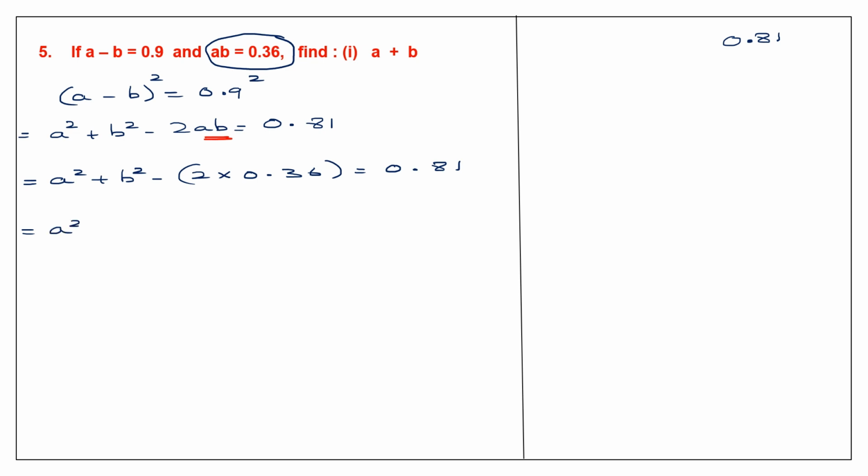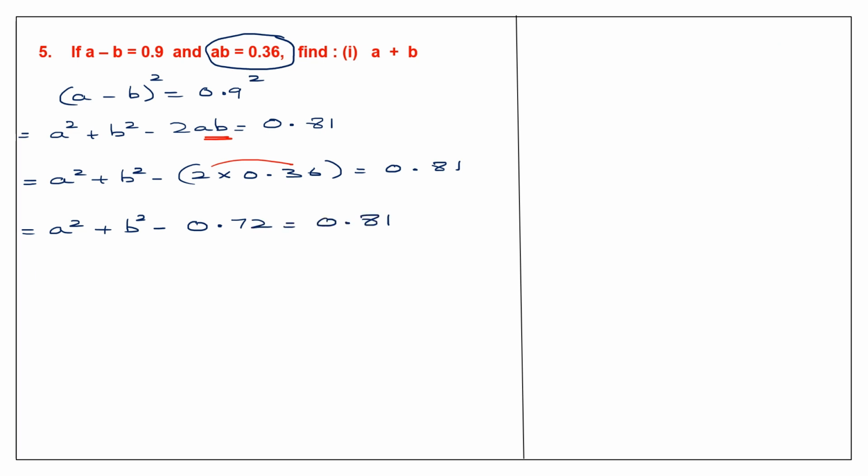So this is a square plus b square minus, now here we have to multiply 2 into 0.36. 36 into 2 we know is 72. Now here there are 2 decimal places, so here also there should be 2 decimal places. That means this is going to be 0.72. So let's write that here: a square plus b square minus 0.72 is equal to 0.81.